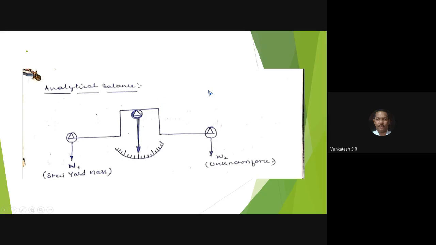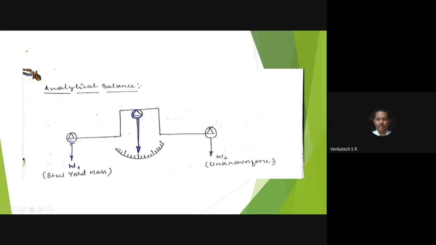Once again, the principle of operation of analytical balance. So all of you observe here, there will be 2 pans. In the diagram, you have W1 and W2, that may be in kgs or in grams. The pan is supported by trapezoidal points of triangular shape.